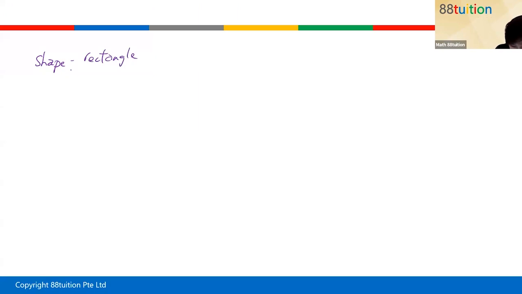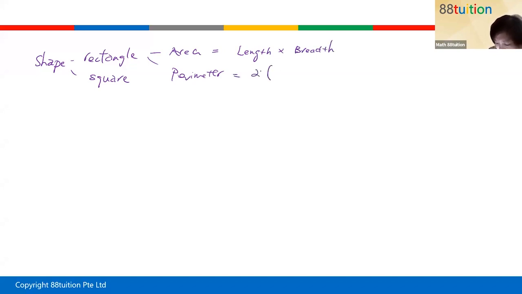We have square. And then we talk about area, and we come with perimeter. Area of rectangle, you have to use your length multiplied by the breadth. Perimeter is you must use your length plus your breadth, and then the answer multiplied by 2.